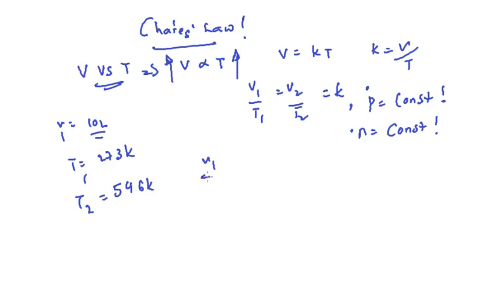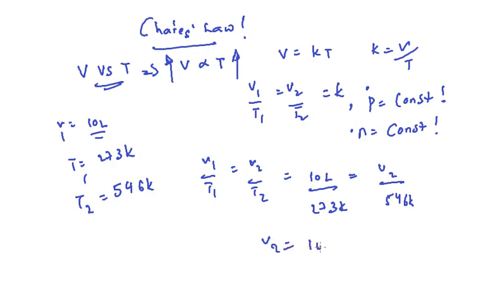So V1 over T1 equals V2 over T2, which in my case is V1 equals 10 liters, T1 equals 273 Kelvin, V2 is what I'm about to calculate, and T2 is 546 Kelvin. In order to get V2, I have to multiply 10 by 546, crisscross, and divide by 273.